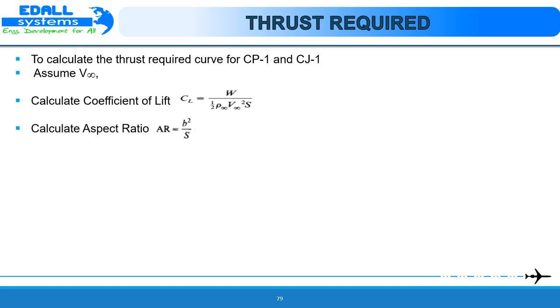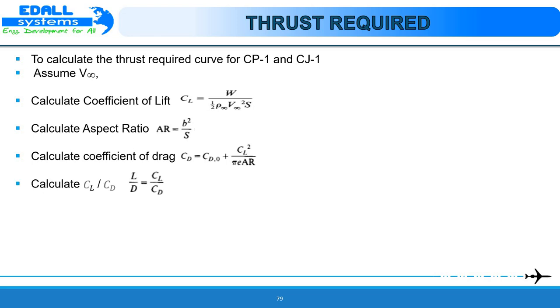After calculating the coefficient of lift, we have to calculate the aspect ratio, that is equal to wingspan square by the wing area. After that, we have to calculate the coefficient of drag, which is equal to CD naught plus CL square by pi e AR, where e is the Oswald efficiency. Aspect ratio is also calculated, and CL square is also calculated, and CD naught is the parasitic drag, which is already given in the characteristics.